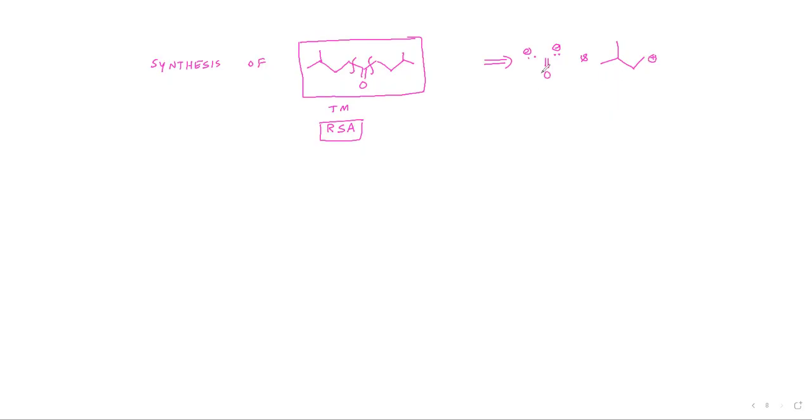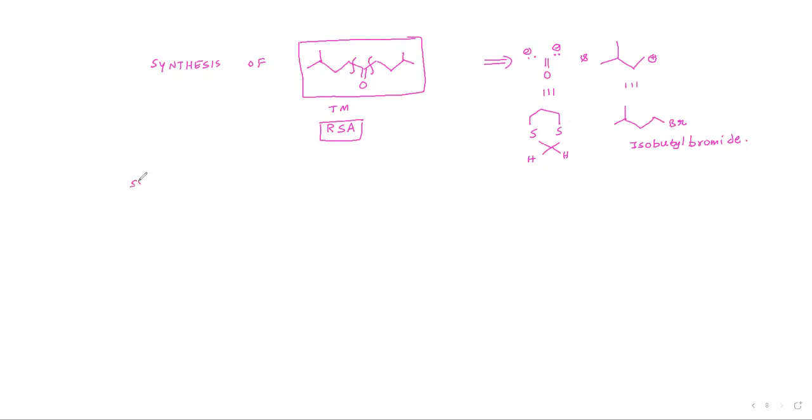The synthetic equivalent for this is nothing but 1,3-dithiane. See how interesting the chemistry of 1,3-dithiane is. This is CH2Br. So this is nothing but isobutyl bromide. This is very easy.